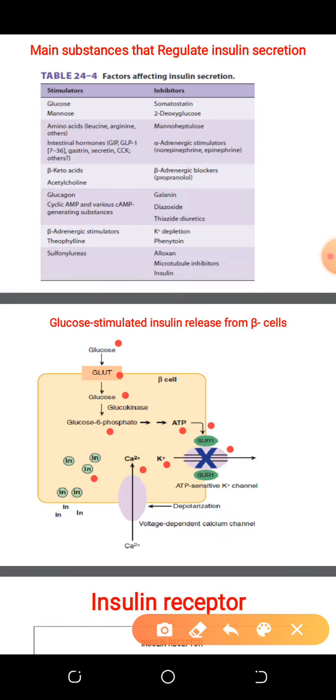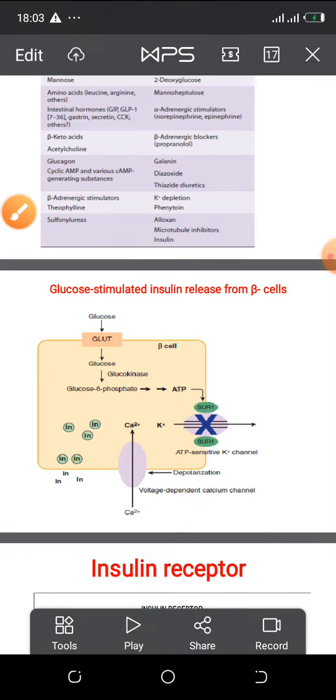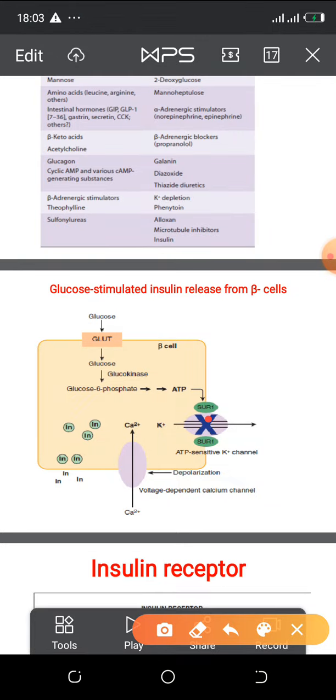Some of them are glibenclamide. Glibenclamide, if you look at the mechanism of action, it blocks the potassium channels, these. So potassium doesn't leave the cell, resulting in depolarization of the pancreatic beta cells, and then entry of calcium into the cell and triggering exocytosis.